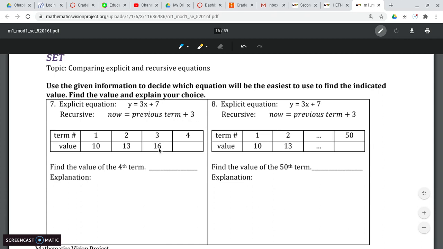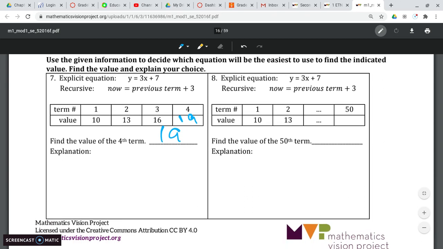So we're just going to take 16 plus 3 to get 19. So the value of the fourth term is 19. Now, our explanation, and yes, once again, I do expect you to have an explanation down. So for this, recursive is what we used.